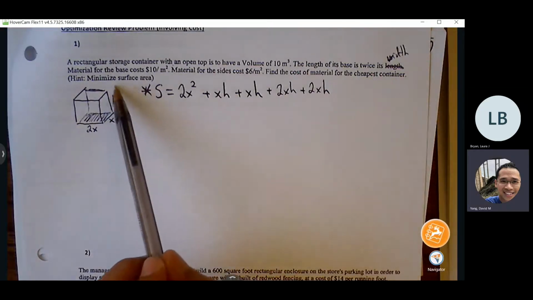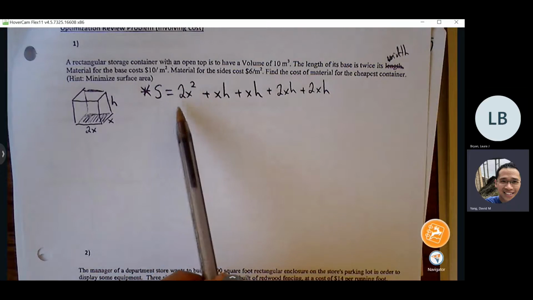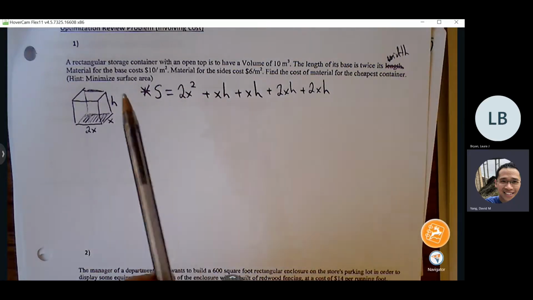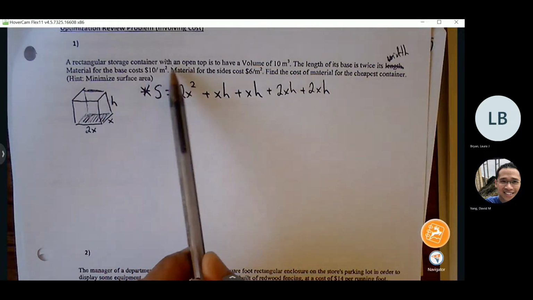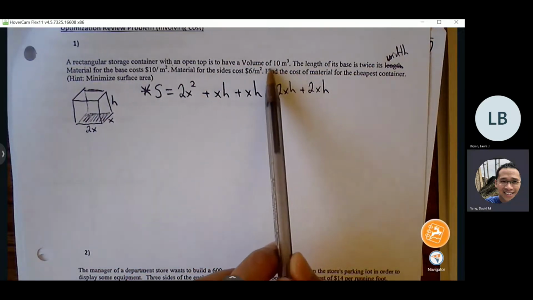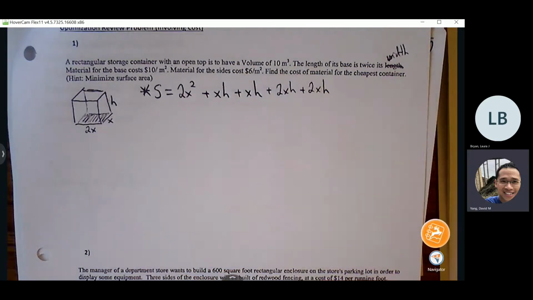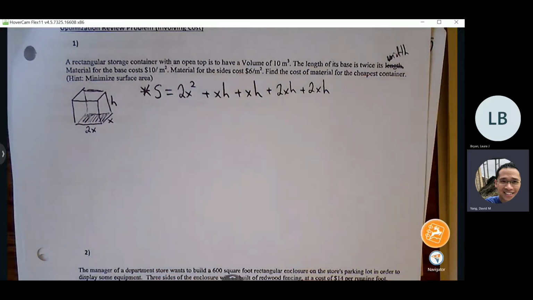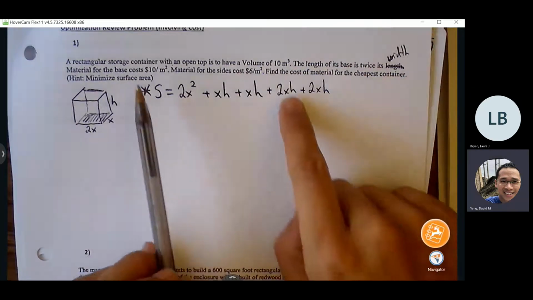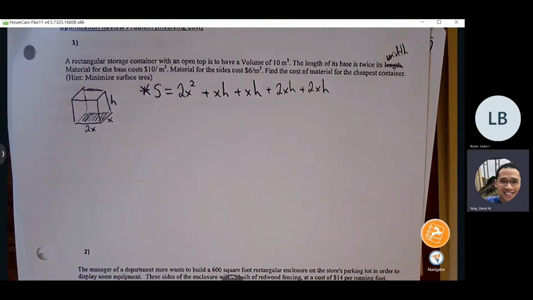Right, because we're trying to optimize surface area. We're trying to figure out what will allow us to, because we know the volume is going to be 10 cubic meters, right? That is a given. But we want to create the box in a way where it doesn't matter what the shape of the box is. We just want to be able to save money, right? We just want it to have 10 cubic meters of space inside, but we want to organize it so that we can spend the least amount of money on building these boxes.